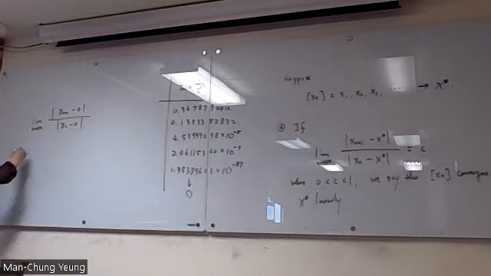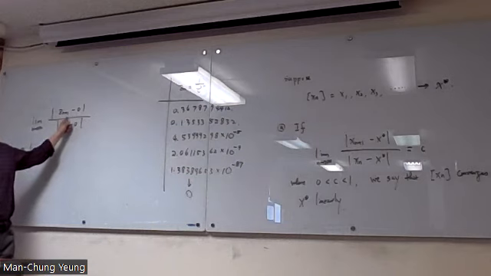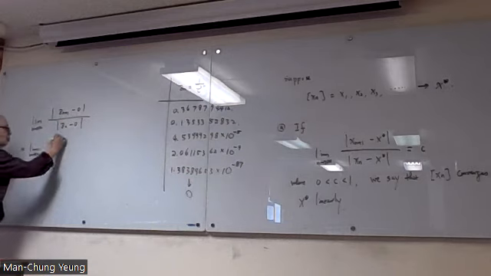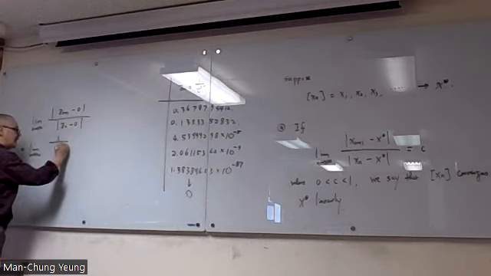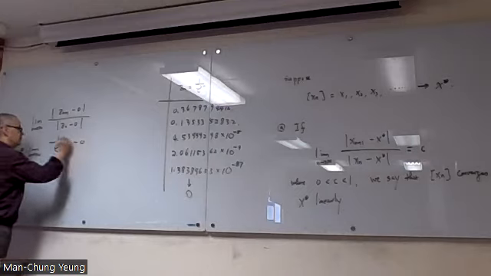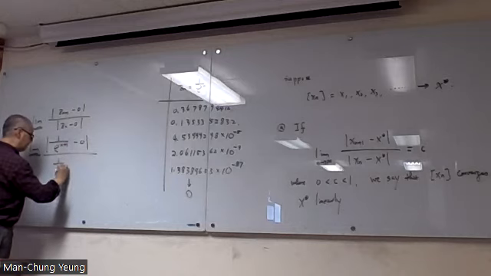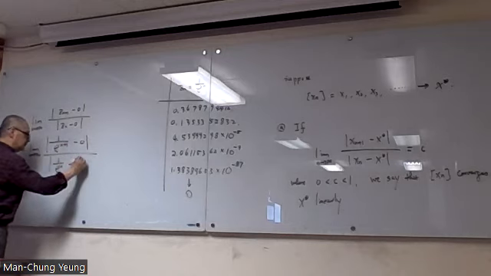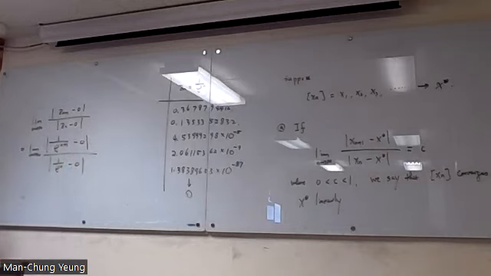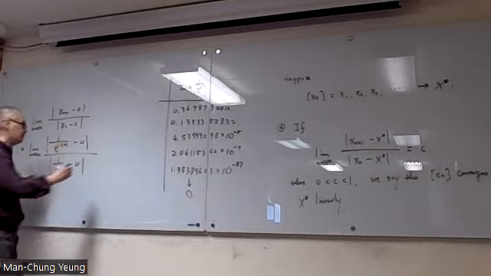The limit as n approaches infinity of c(n+1), which is 1 over e to the n plus 1, minus 0, over 1 over e to the n minus 0. Now simplify this quotient.